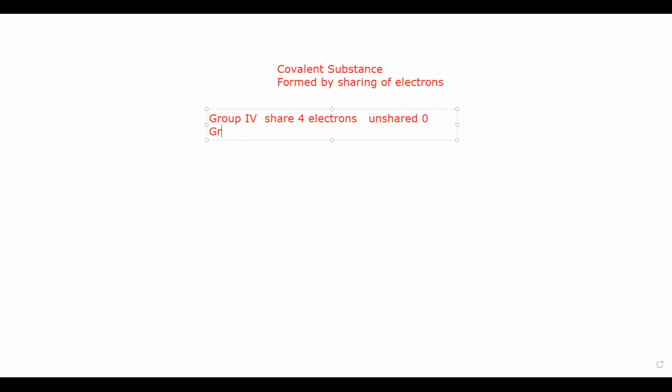If it is group 5, it will share 3 electrons, and unshared will be, because group 5 means there are a total of 5 electrons in the last shell, out of 5 it shared 3, so how many unshared will be there? The unshared will be 2.